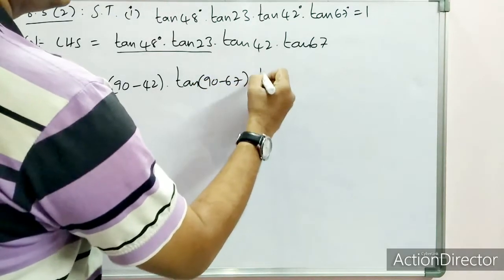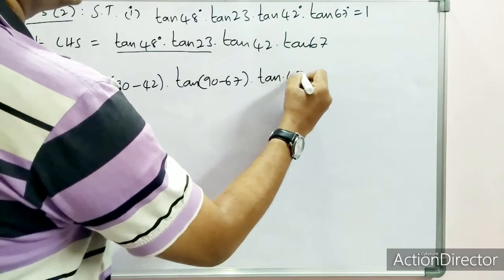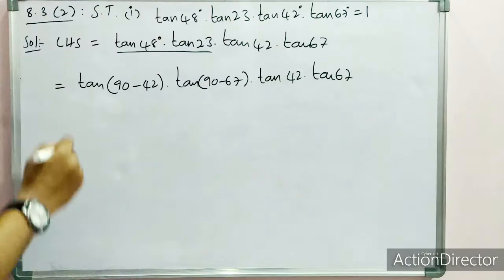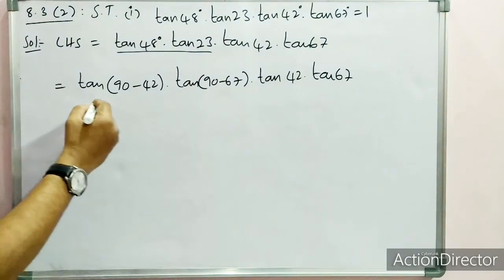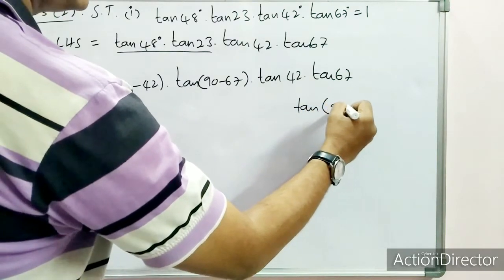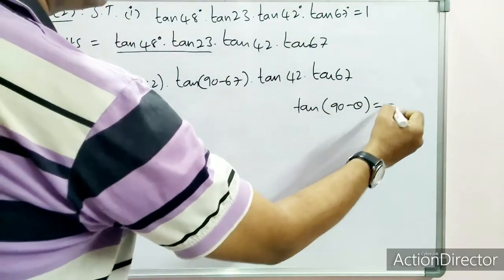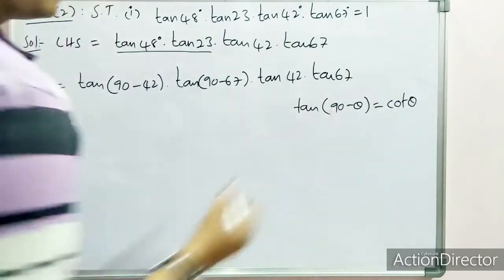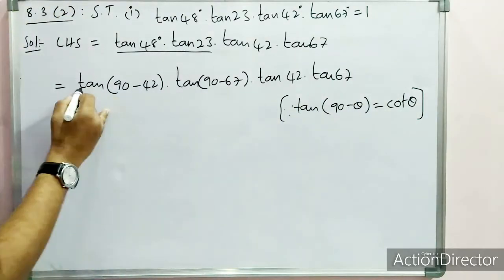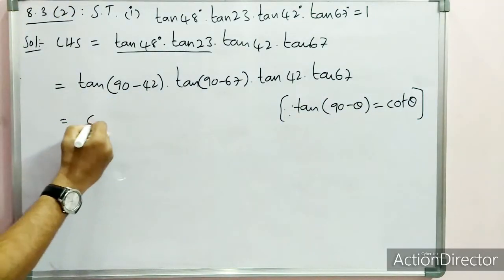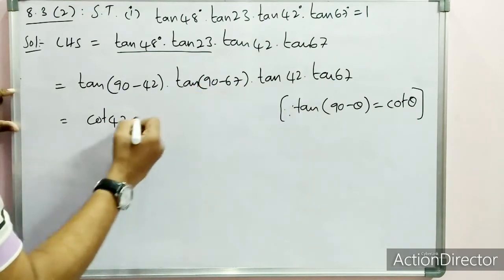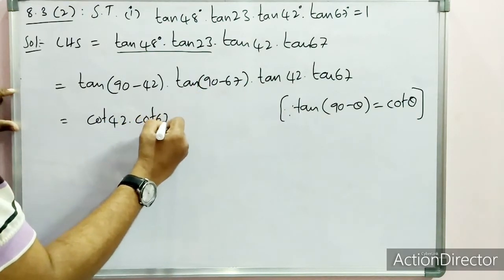And tan 23 I can write as tan 90 minus 67. So now you keep these two angles as they are, tan 42 and tan 67. Now we have a complementary formula, tan 90 minus theta is cot theta. So by using this formula, we can write tan 90 minus 42 is cot 42, and tan 90 minus 67 is cot 67.